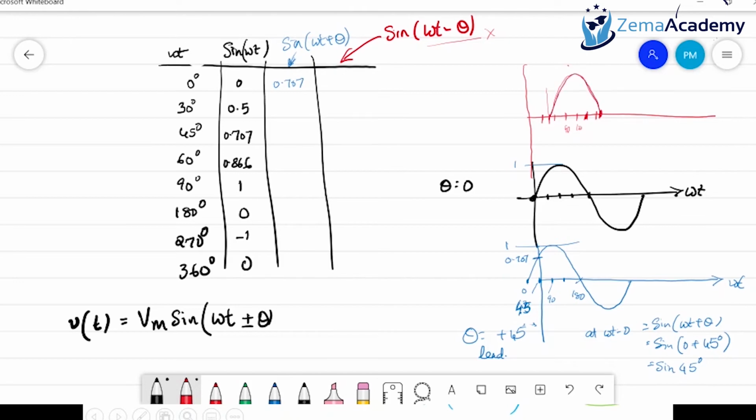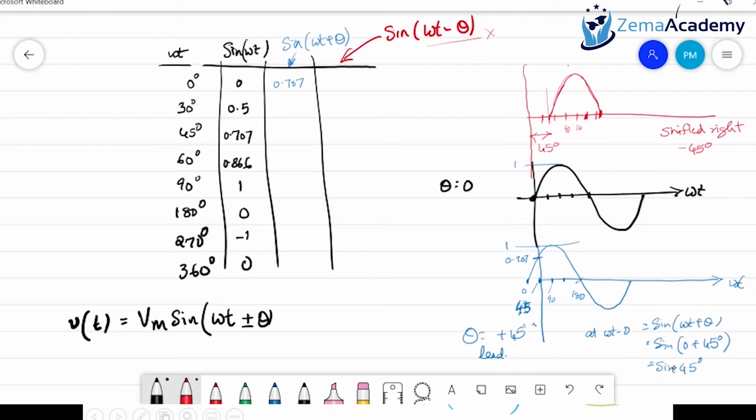So it's starting after 45 degrees. So this is shifted right, and therefore my theory says it should be noted down as minus 45 degrees.